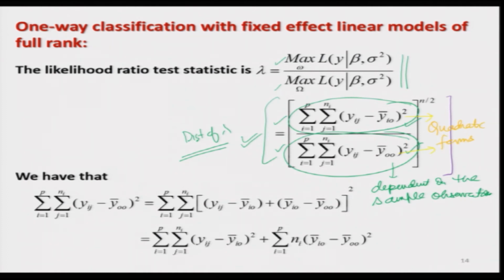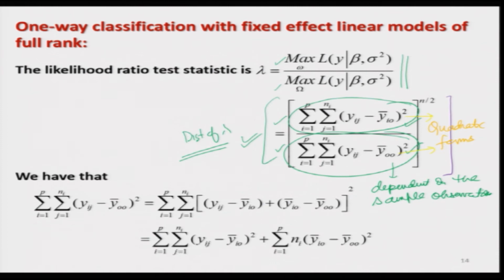The expression in the numerator and denominator can be expressed in the format of a quadratic form, and y here is your random variable. So, now you need to use your knowledge about the distributions of the quadratic forms which are based on the random variable y.